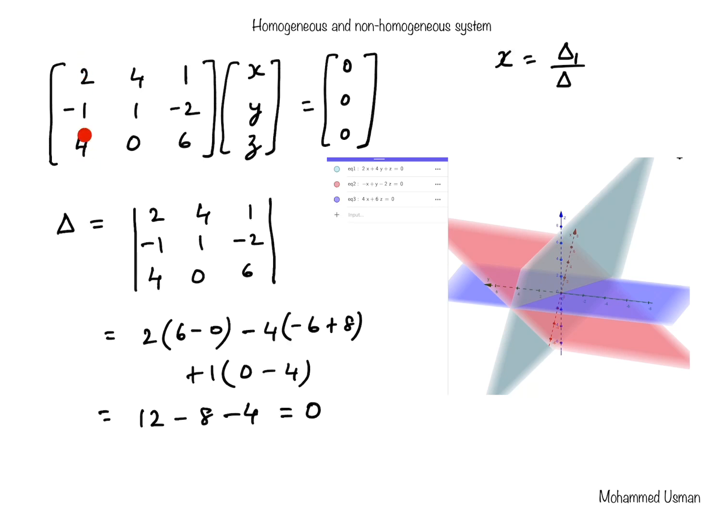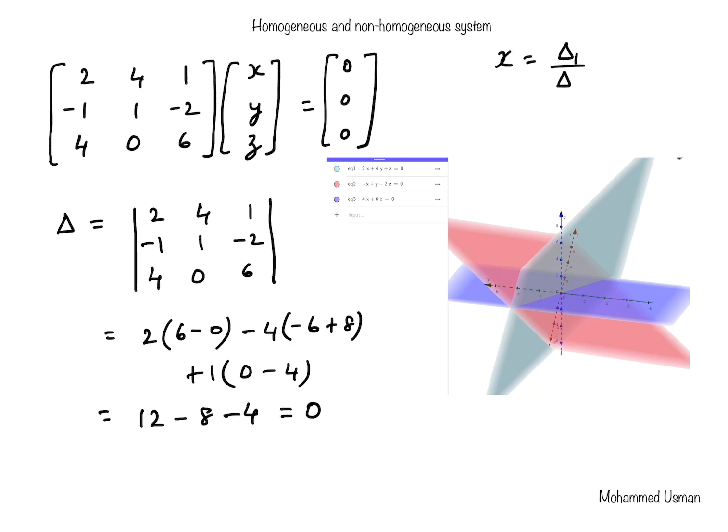So delta 1, where we have all zeros in the first column, will evaluate to 0. Delta 2, where we have all zeros in the second column, will also evaluate to 0. And delta 3, where we have the third column with all zeros, will also evaluate to 0. And delta is also equal to 0.